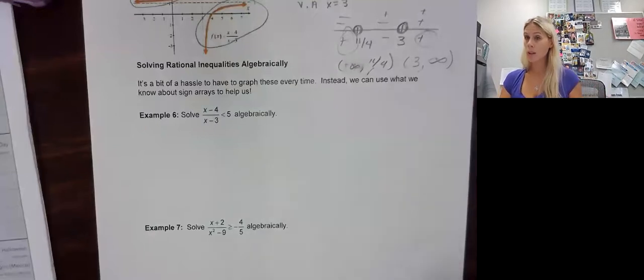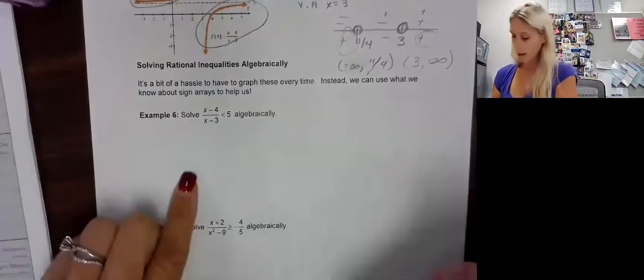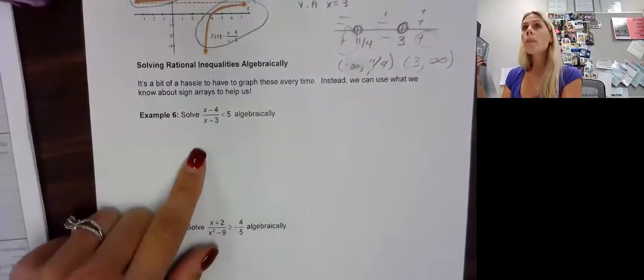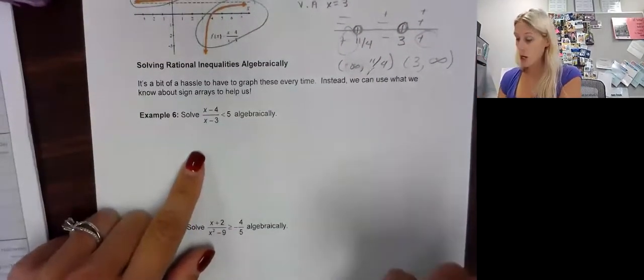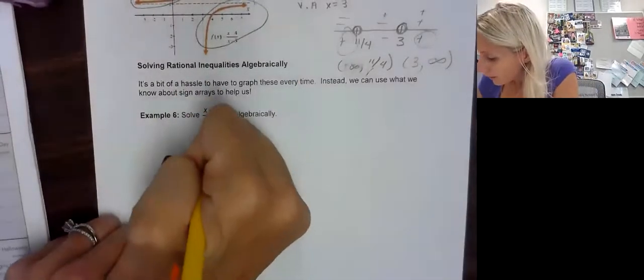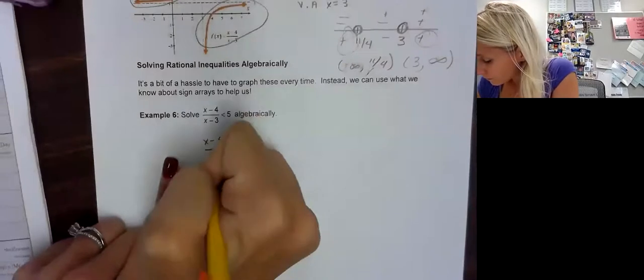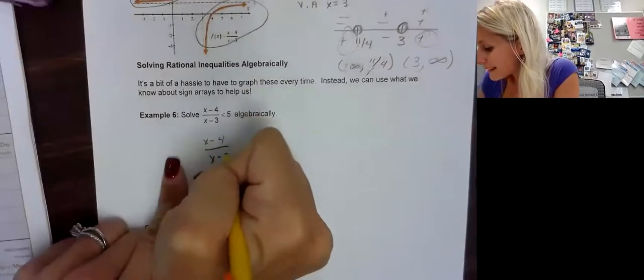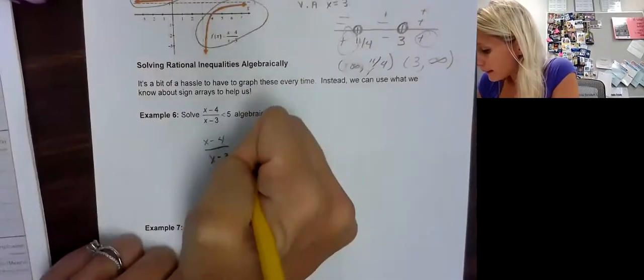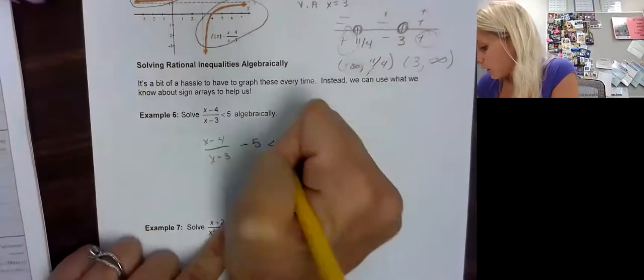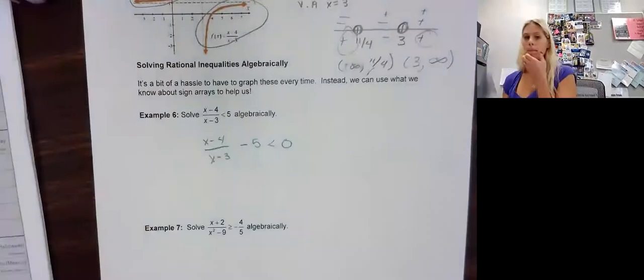And I can show you that so we can look at, again, the tricks with algebra. So if I were to make the right side 0, I would move that 5 over. So this is the same answer as example 5, guys. It's just that I'm showing you a different algebraic way that we can set this up.